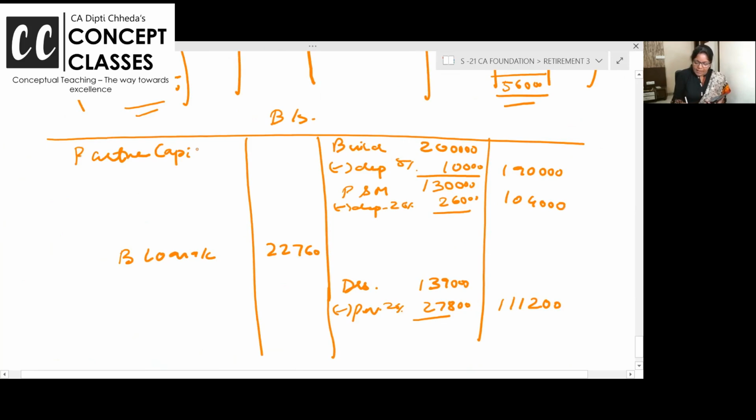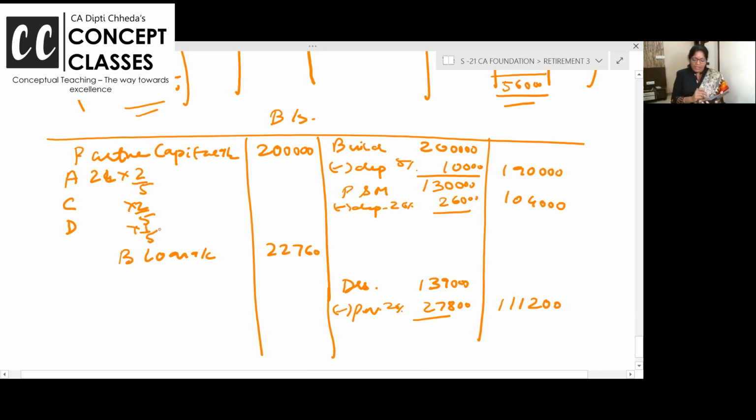Partners capital account. They want total capital 2 lakh. You can make a working note for this, but when we are lacking time, we can do like this. A, C and D. 2 lakh into 2 by 5 into 2 by 5 into 1 by 5.